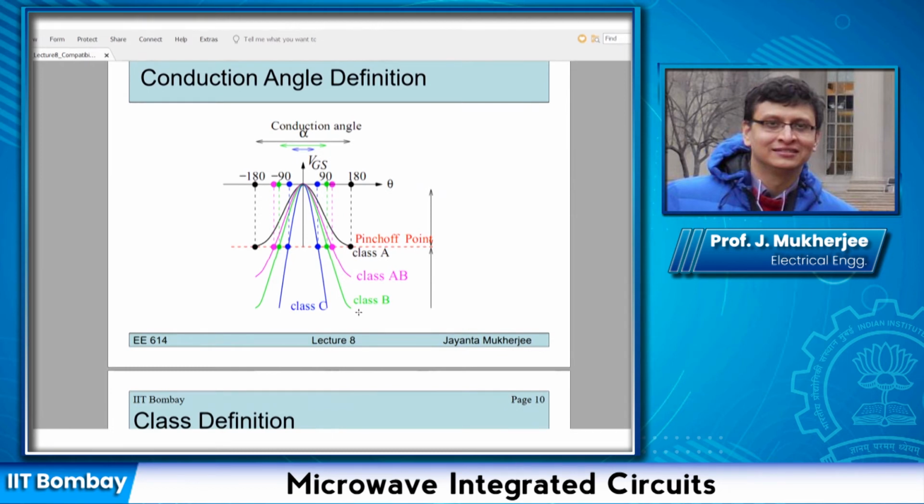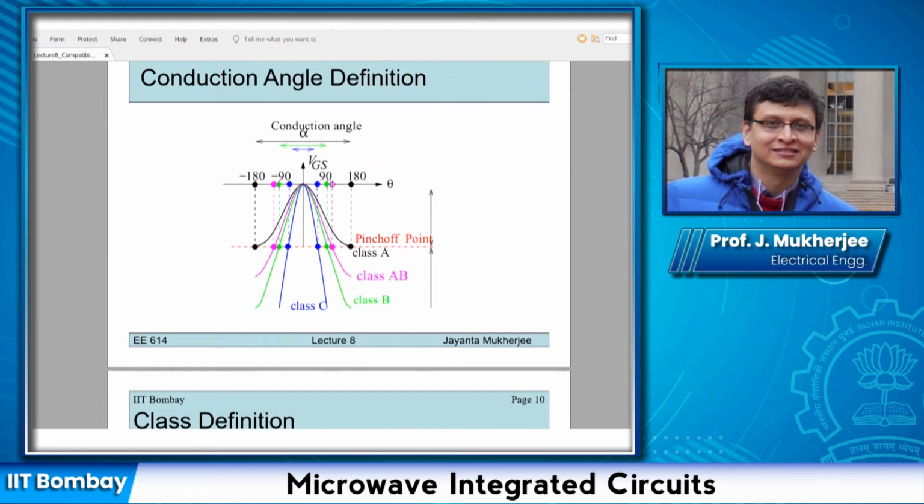And class B is the case when the phase range for which the voltage VGS remains above the pinch off point is between minus 90 to plus 90. So it's a total phase range of 180 degrees.